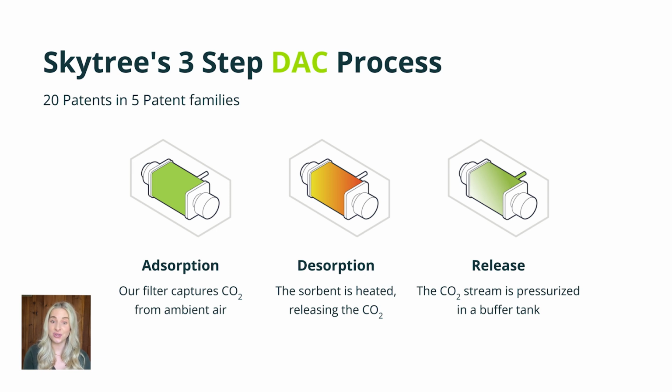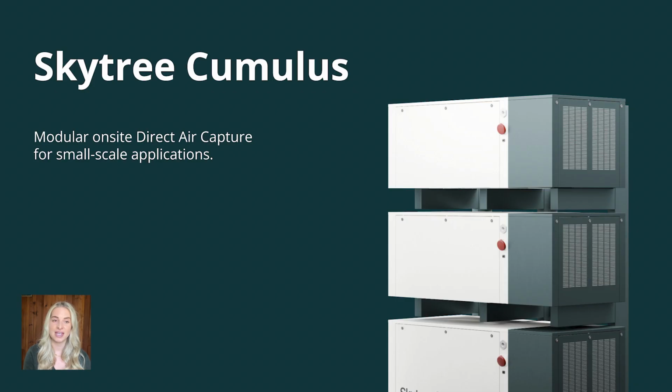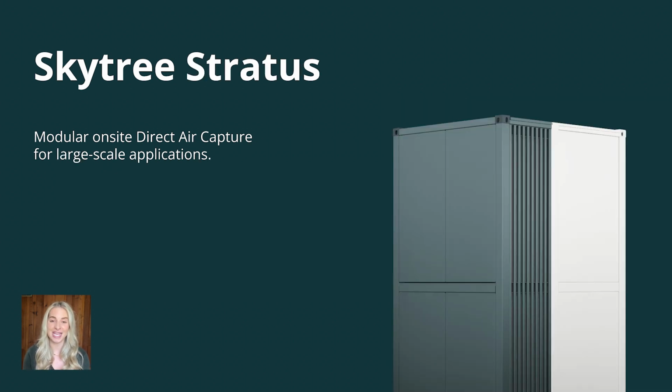We actually have two units available. Our smallest, meant for vertical farms, is a Cumulus unit, and it produces 20 kilograms of CO2 per day. On a much larger scale, we have a portfolio of Stratus units.